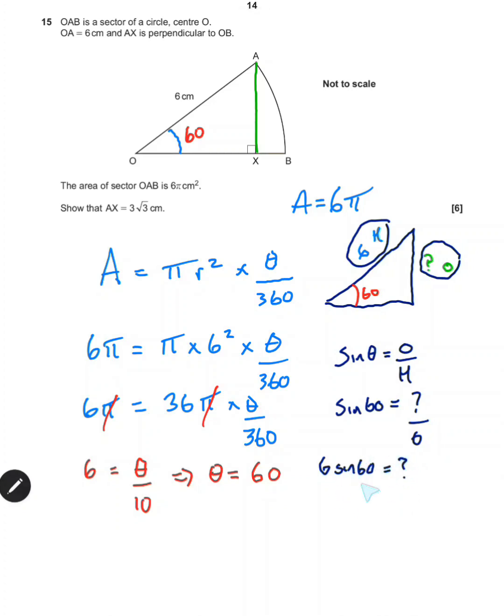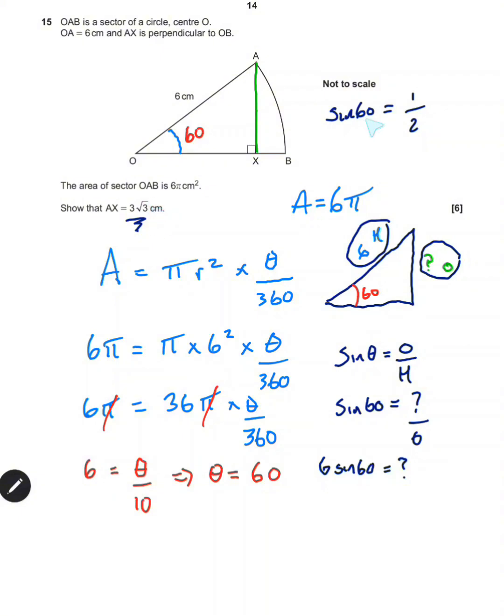And at this point on a non-calculator paper, I need to know what sine 60 is. I don't know what sine 60 is, so I'm going to wing it. I'm going to look for the answer that I'm aiming for. I'm aiming for 3 root 3, and I've got 6, so there must be a half somewhere. I'm going to put sine 60 equals a half. But if that was a half, then this would become a half of 6, which is just 3, and I don't want just 3. I want 3 root 3.